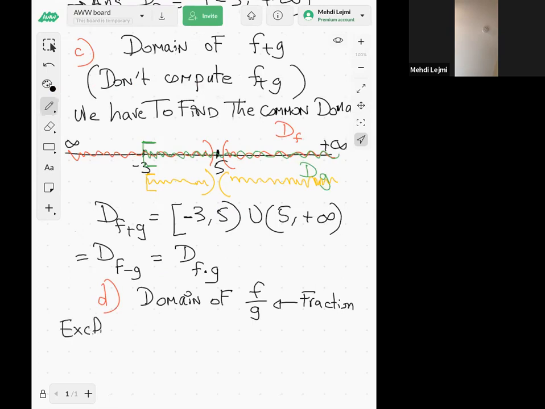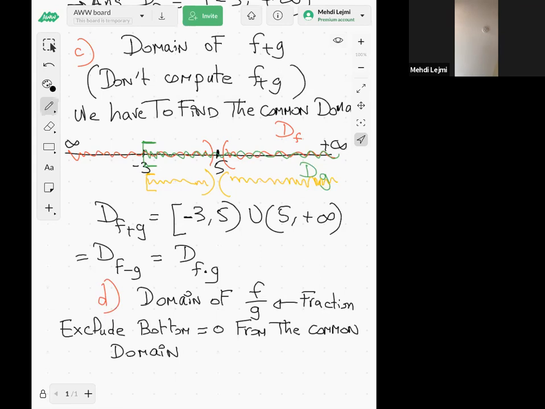Exclude the bottom equal to 0 from the common or intersection domain. Okay, here, of course, f over g, the denominator will be g, right? Like for the next problem, g over f, the denominator will be f.